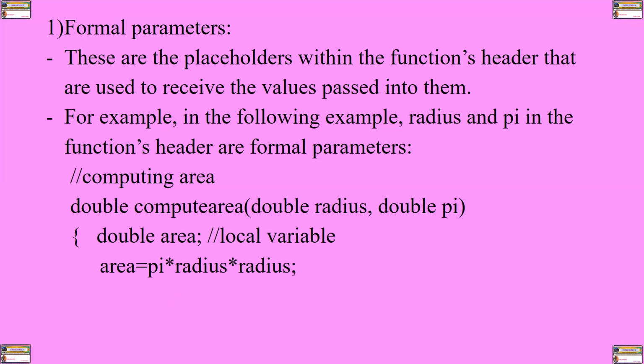So this return statement is simply telling the processor to return the results of the function called compute area, which of course are expected to be of type double, to the main function, or to the function which contains the statement for calling this function. And that's all with that function.